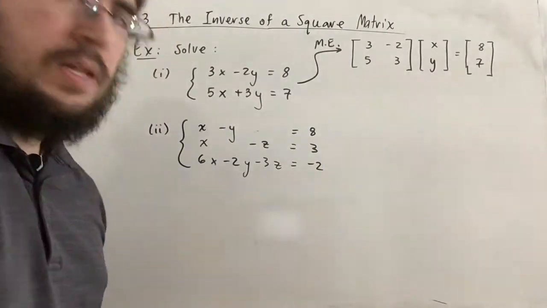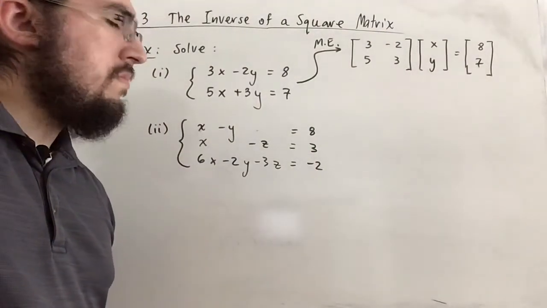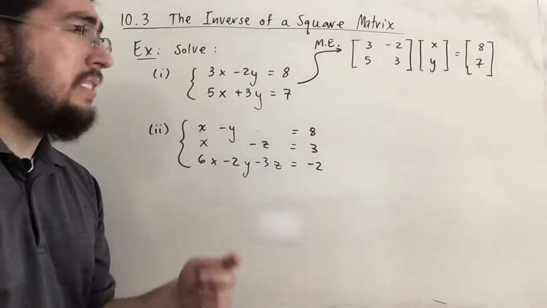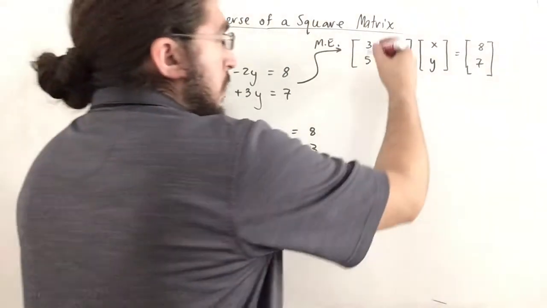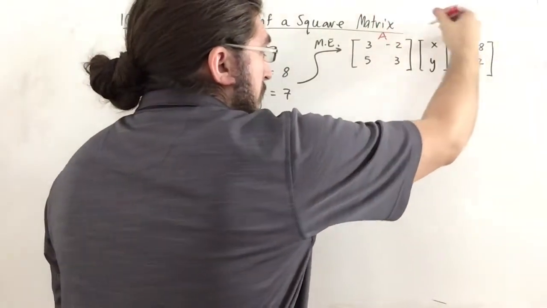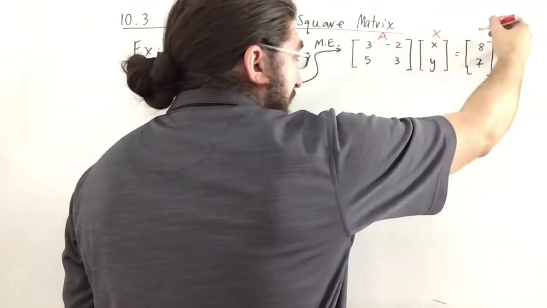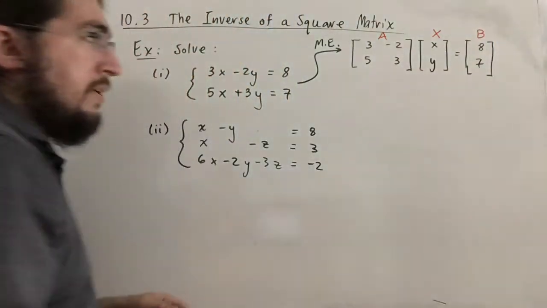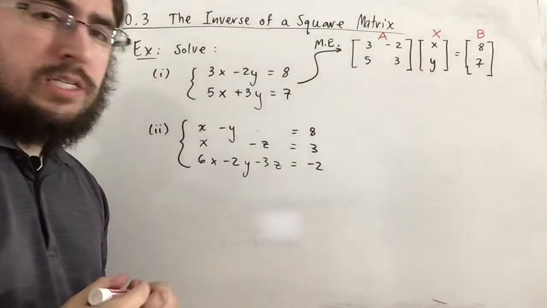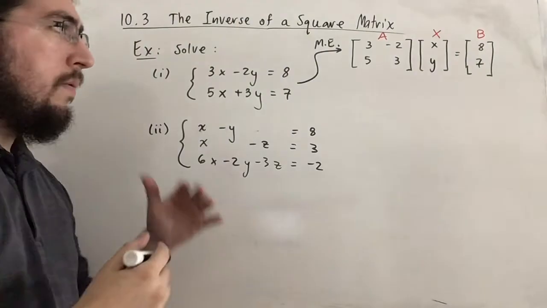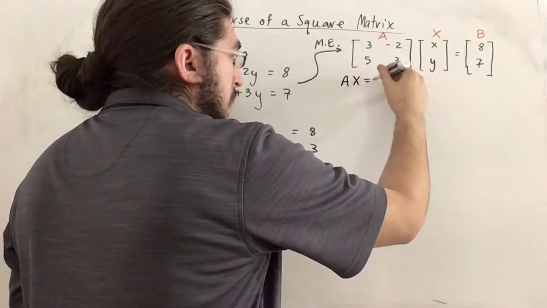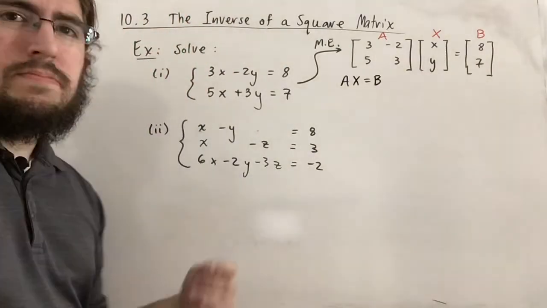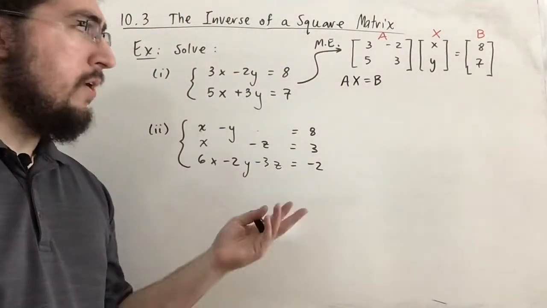Okay, good. But now, what I want to do really is I want to label these things in terms of matrices and solve the matrix equation. So I'm going to call this matrix A, this matrix our variable matrix X, and this 2 by 1 matrix B. And what I'm going to do now is I'm going to basically solve the equation AX equals B, kind of as you would with regular algebra.